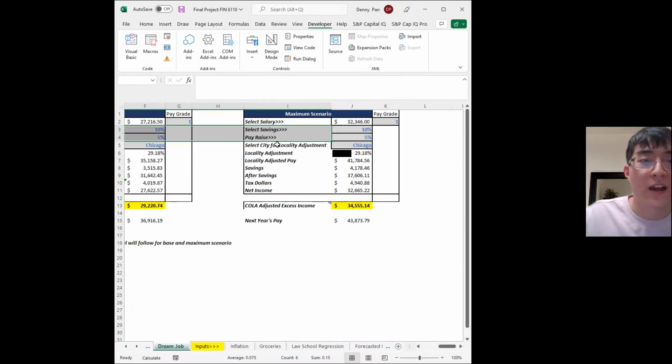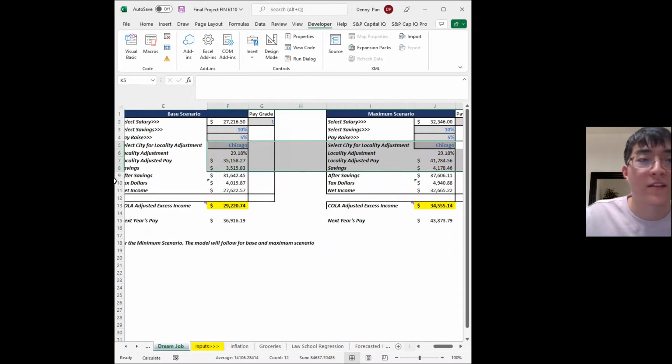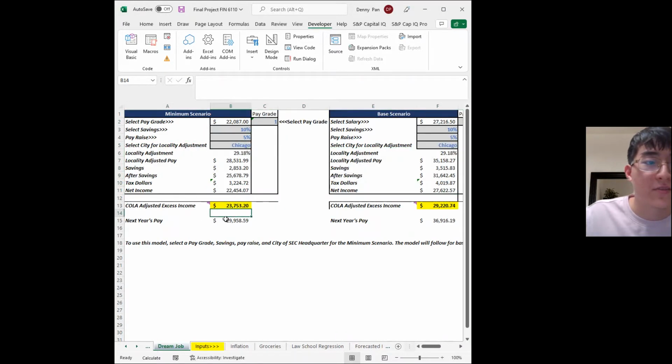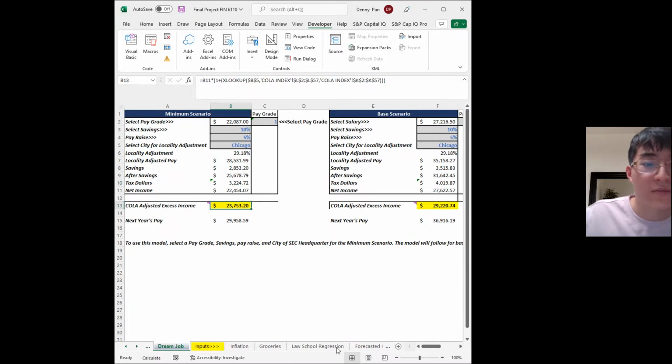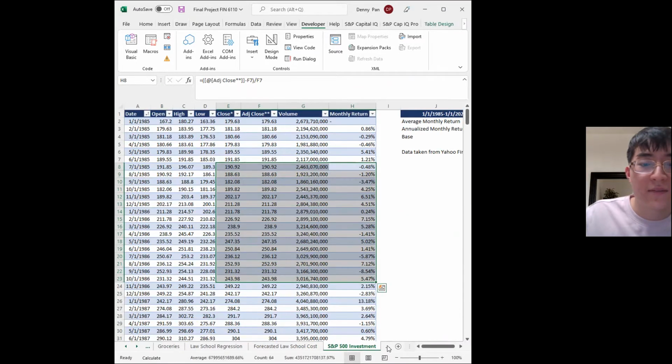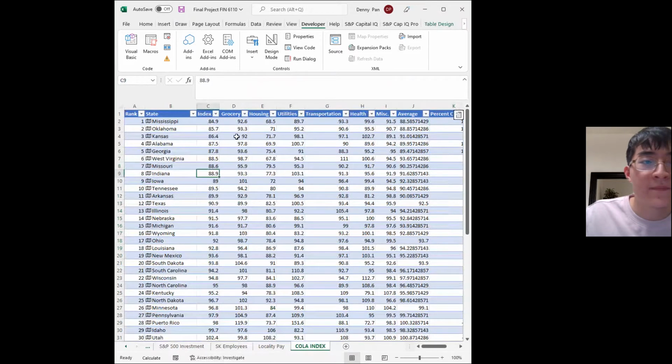The absolute maximum is the maximum pay you can have for pay grade 1, right? So all of this flows into this COLA-adjusted excess income from one, savings, and also taxes, also being adjusted for COLA, which is down here, the COLA index, right?